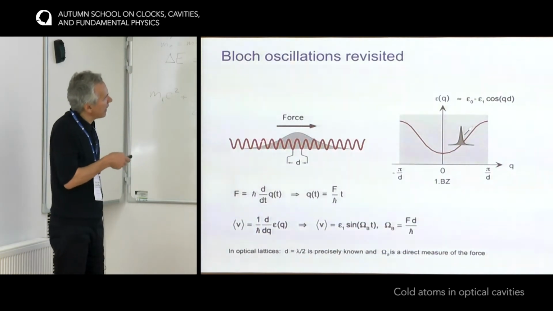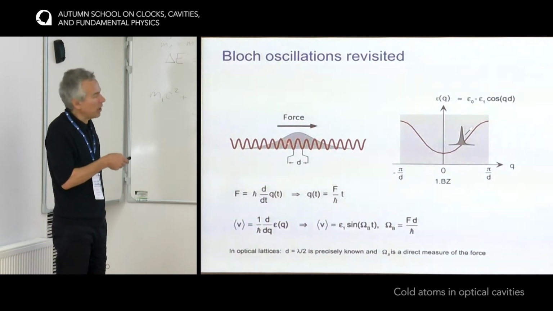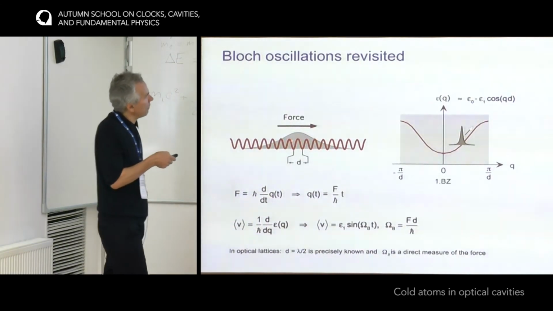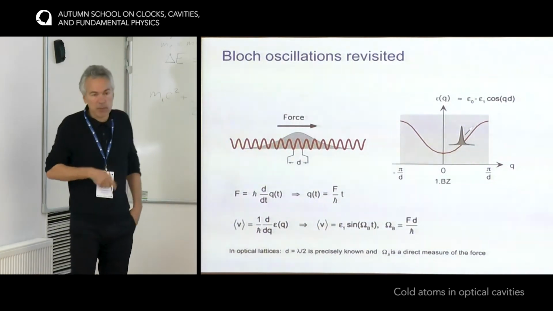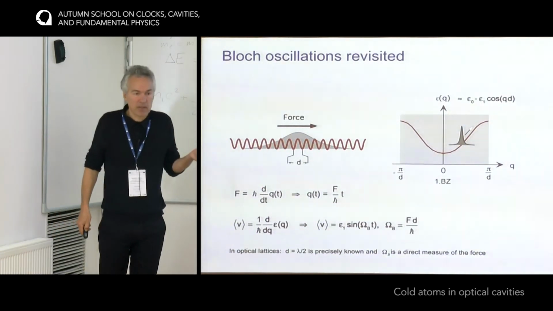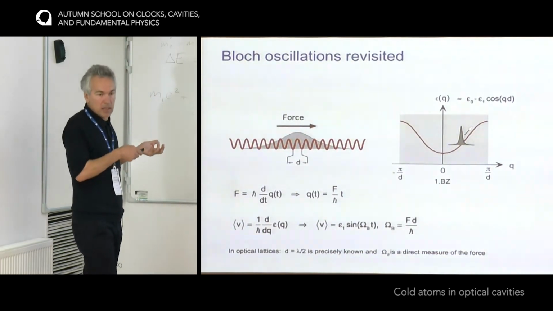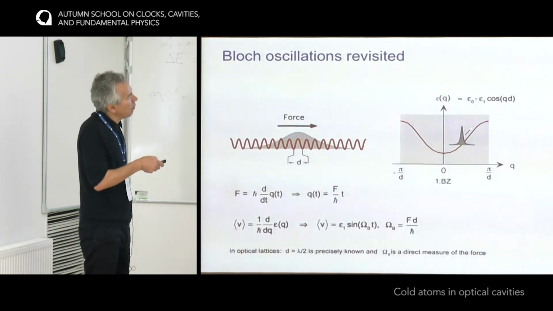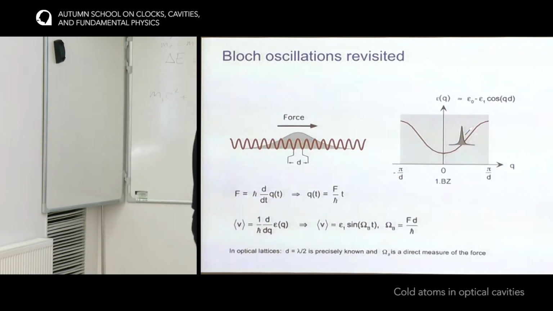So if you have a wave packet in a lattice, and the wave packet extends over many lattice sites of your lattice, then basically the dynamics has to be described by looking at the band structure, right? And now we are talking about the lowest band, the ground state band, which typically looks like that in such a simple one-dimensional lattice.